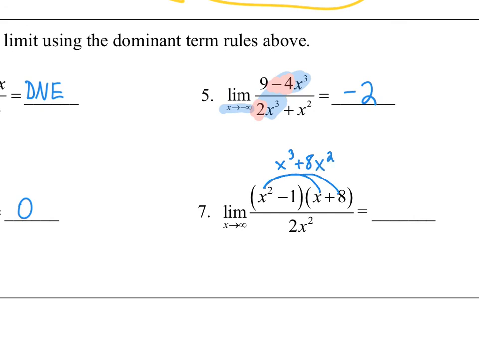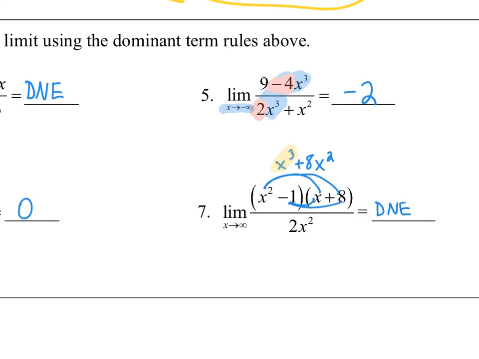I'm only interested in the dominant term, so yes, I need to distribute the -1 through there, but it's not going to affect the answer. All I care about is what the dominant term is, and I've already discovered that. So x cubed here, and I have an x squared in the denominator, which means I have a dominant numerator on this one. So my answer is going to be DNE.